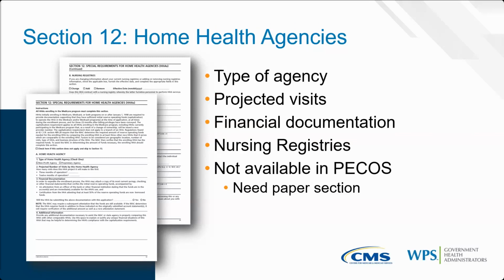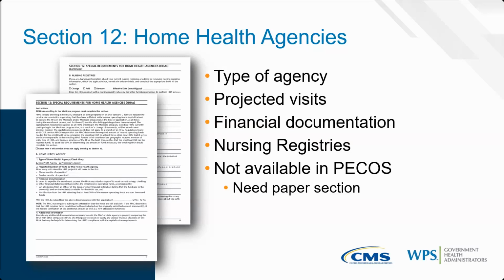Section 12 is for home health agencies. We don't see this a ton, but we are going to ask for the type of agency, the projected visits, and any financial documentation that's available, nursing registries. This is also a new section and is also a section that will be implemented with PACOS 2.0.